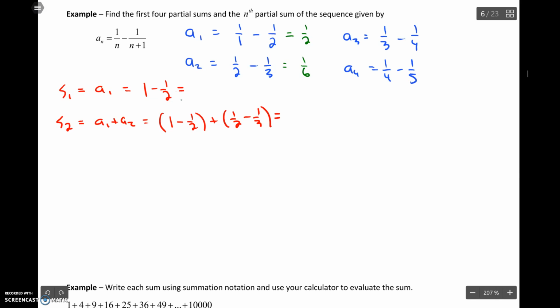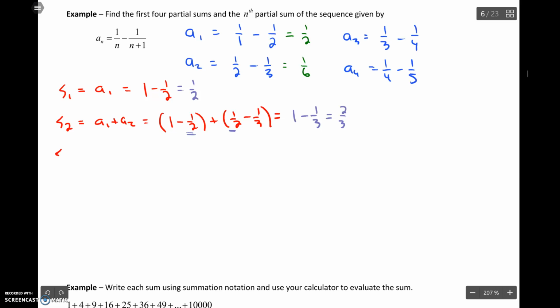Maybe I do want to keep that like that. I don't know. Let's see. We're looking for patterns here. That's what you're always trying to search for here. As you can see, these 1/2s, I got a plus and a minus, they cancel out, so you just get 1 minus 1/3. So 1 minus 1/2 is 1/2. 1 minus 1/3 is 2/3.